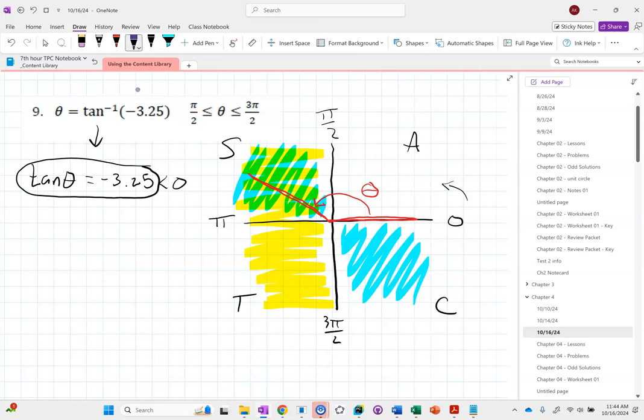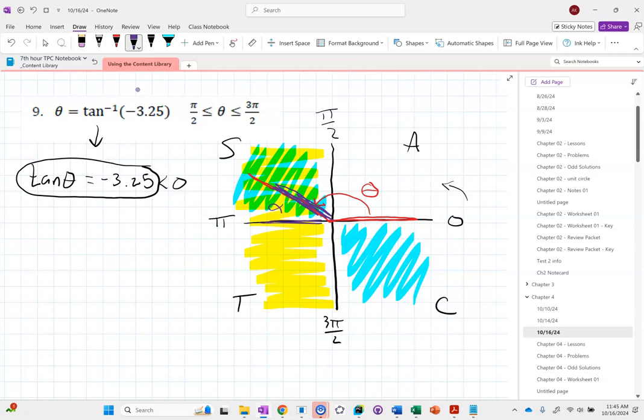Now let's draw our alpha. Alpha is always between the terminal side of theta, so that's this side, and the x-axis. It's always between the x-axis and the terminal side.